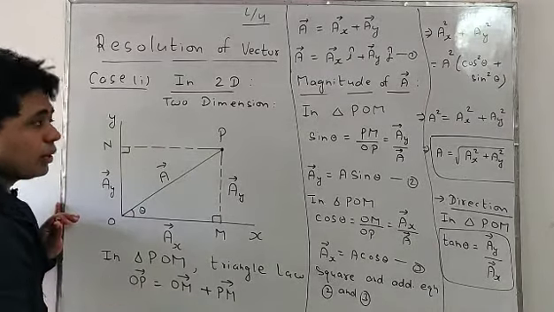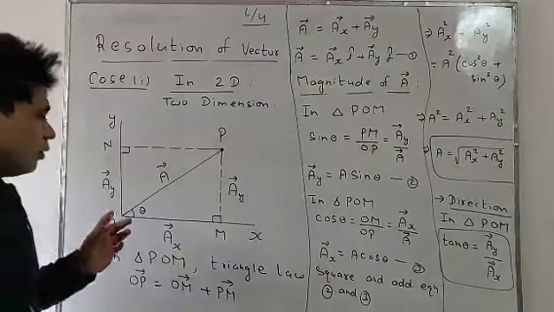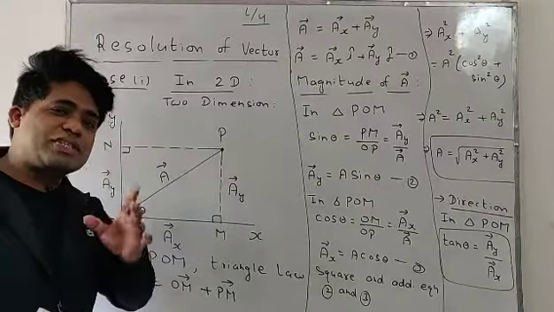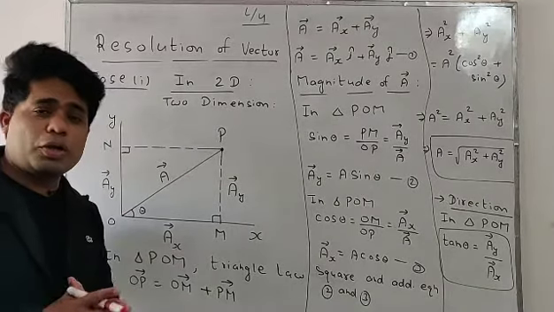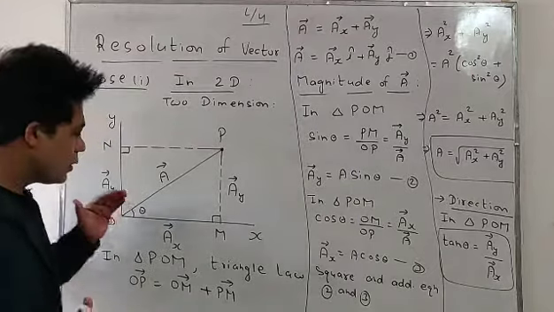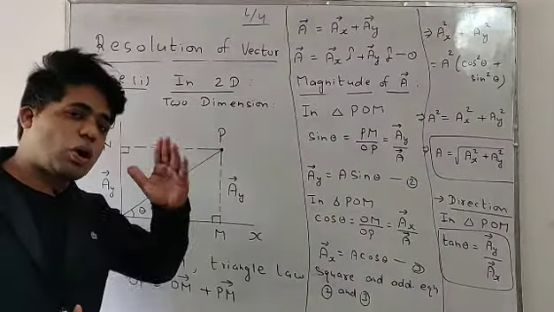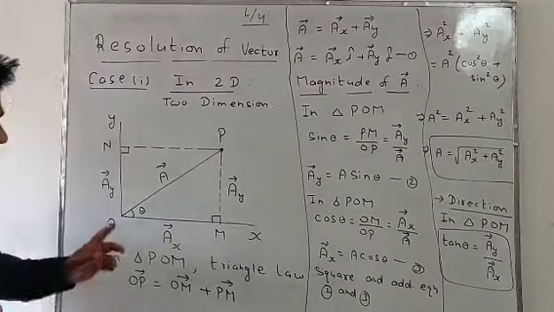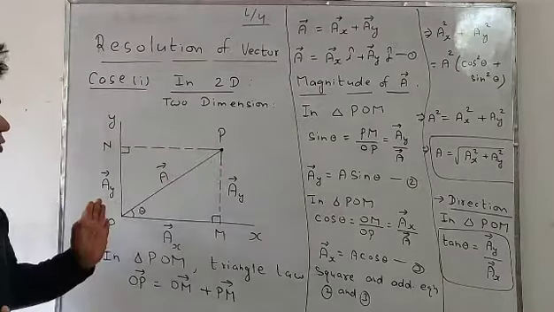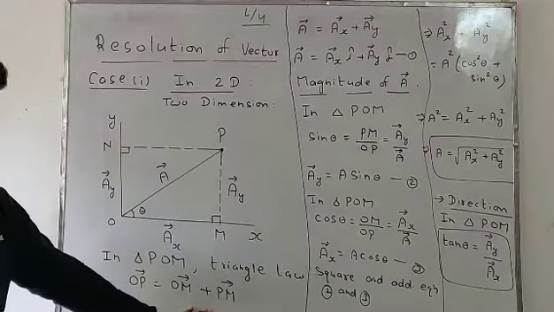Is it clear? Actually, triangle law is what? When we represent two vectors by two adjacent sides, two continuous sides of a triangle, then the third side, in the opposite direction, always represents their resultant. So OM plus MP equals OP. So that we have written.